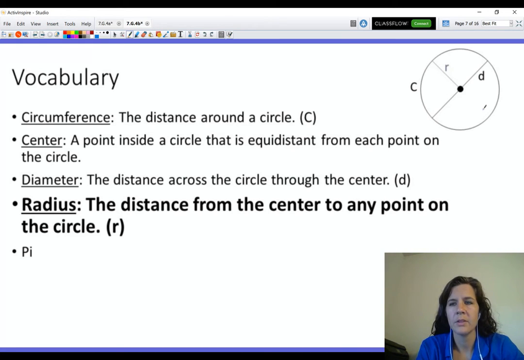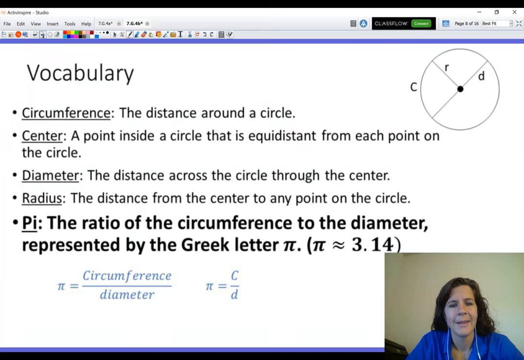And remember, we decided that the diameter is 2 times the radius, or you could say a radius is the diameter divided by 2. It's half the diameter. And then pi is the ratio of the circumference to the diameter. It's represented by this Greek letter pi. It's about 3.14.